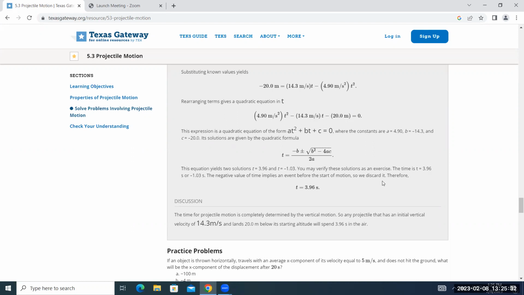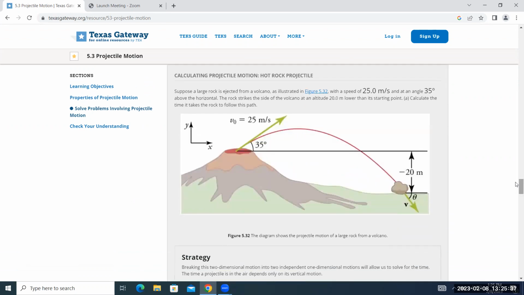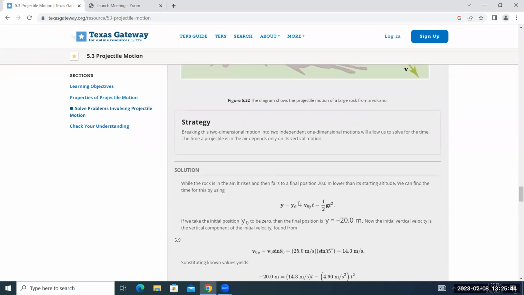Well, guess what? What were we asked to find? Calculate the time it takes for the rock to follow the path. We know the path is defined by this equation. If that is the equation of the curve that the rock follows, and we know our starting values, and we solve for t, we just found the total time.